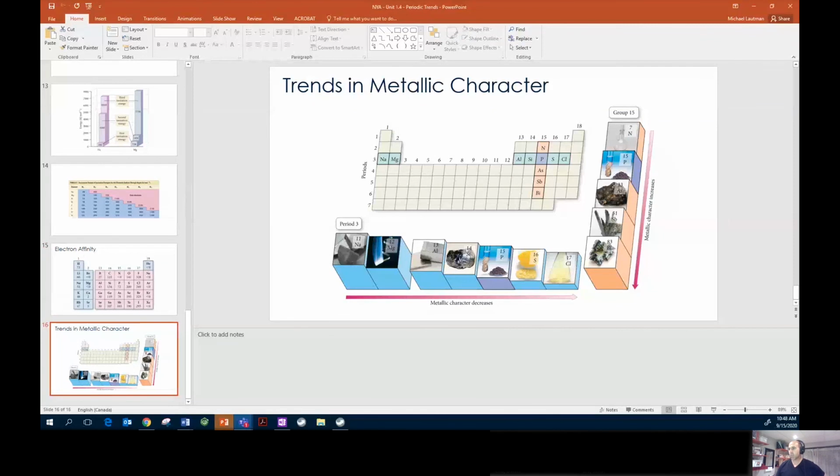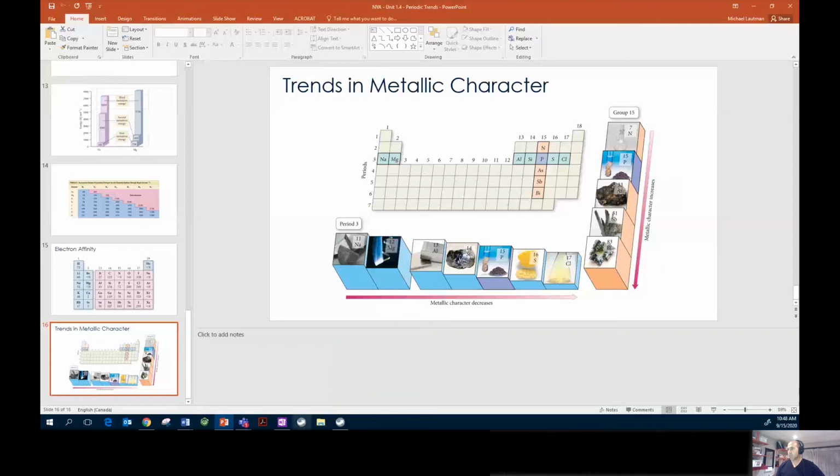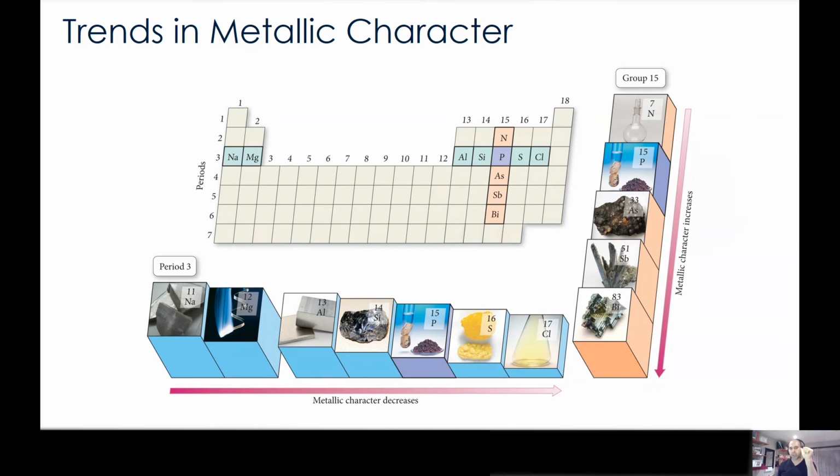The last trend I actually want to discuss is the trend in metallic character. Metals are shiny, they conduct heat and electricity, they are malleable. The other one is that they can be drawn into wires. They're ductile is the word. So the way we make copper wires for electrical appliances is they take a piece of copper and it gets stretched into wire.